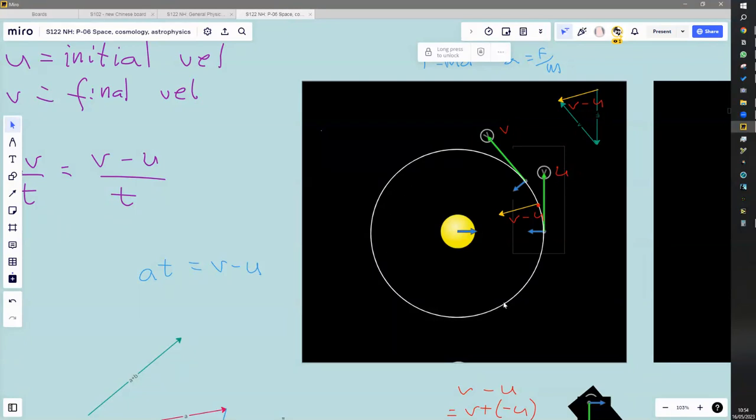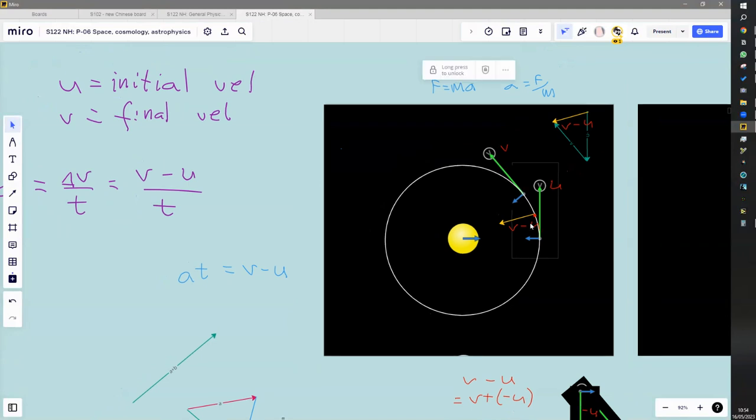And not only is it accelerating, but it's accelerating towards the center of the circle. It is totally true to say that the moon is constantly falling towards our planet, or we are constantly falling towards the sun, whilst at the same time not getting any closer to it.